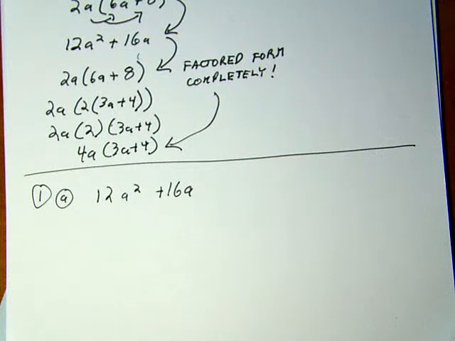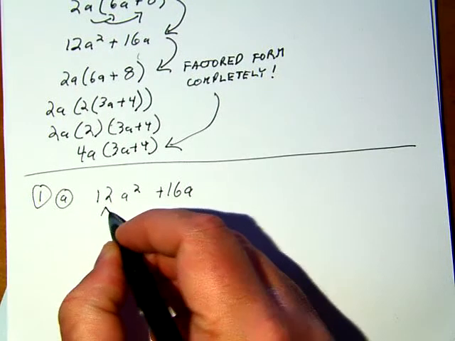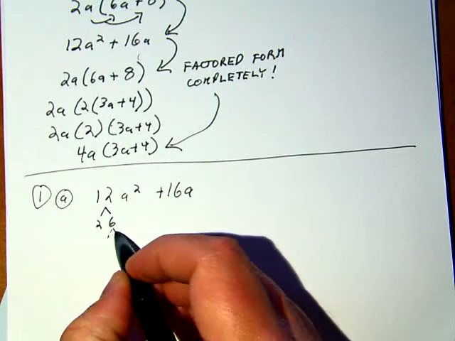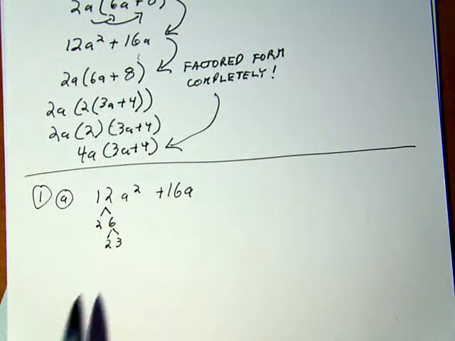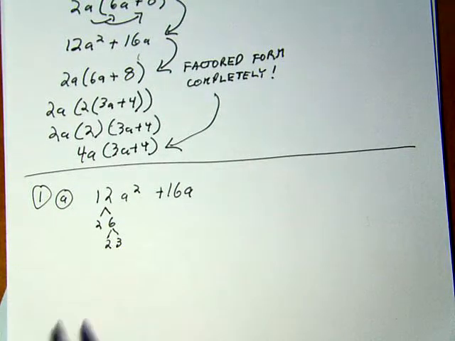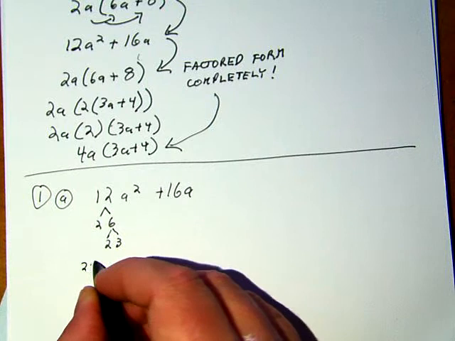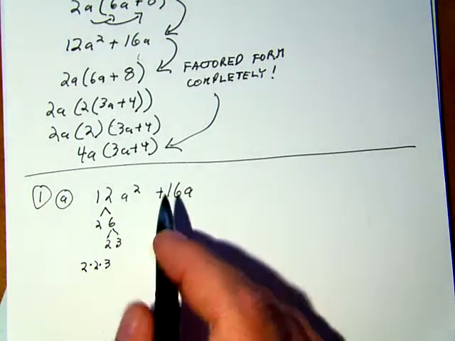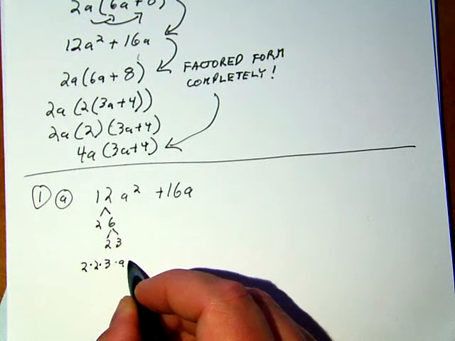What you want to do is factor each of your numbers. 2 times 6 is 12, and then 2 times 3. So 2 times 2 times 3 is 12. And then a squared is a times a.